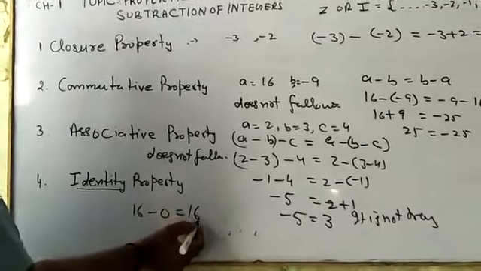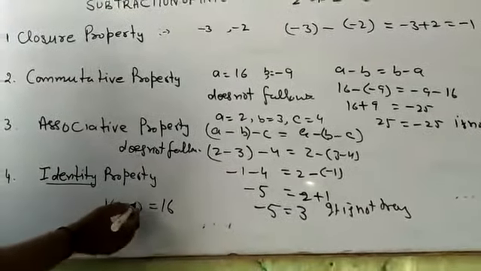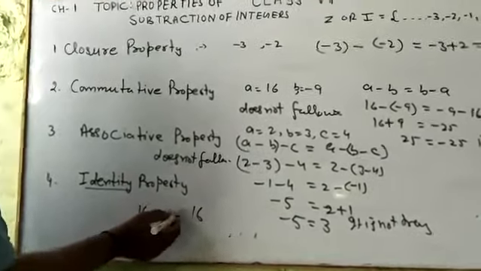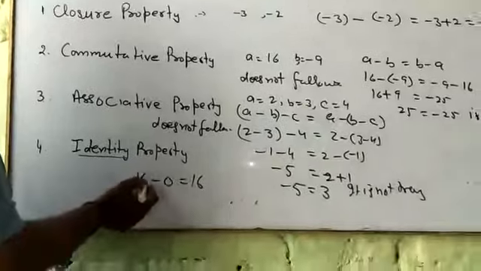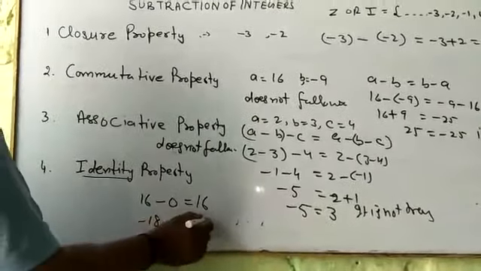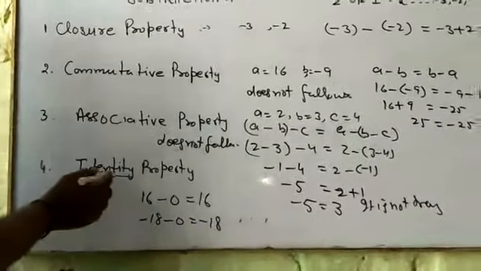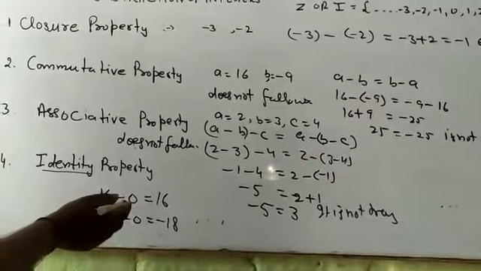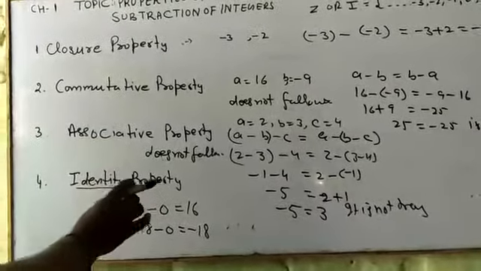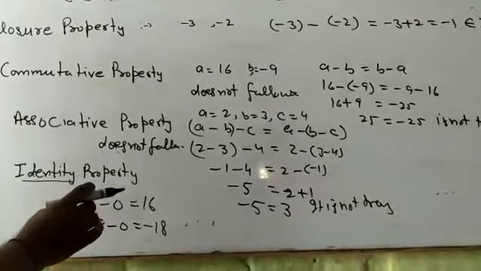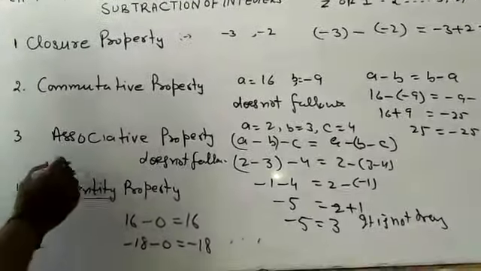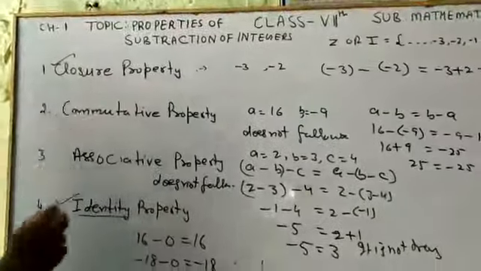So there is no difference due to 0, and we get 16 itself. We take -18, subtract 0 also, and we get -18. In this property, 0 subtracted from an integer leaves the difference as the integer itself. So the identity property and the closure property apply to subtraction.